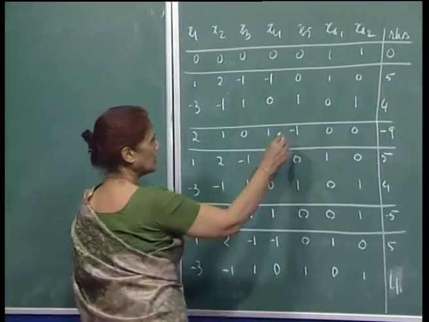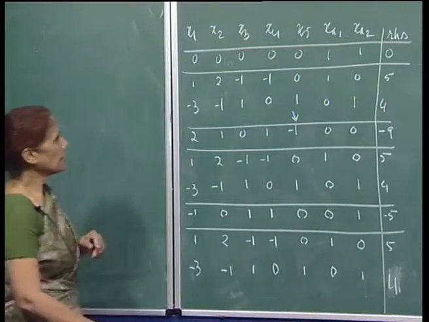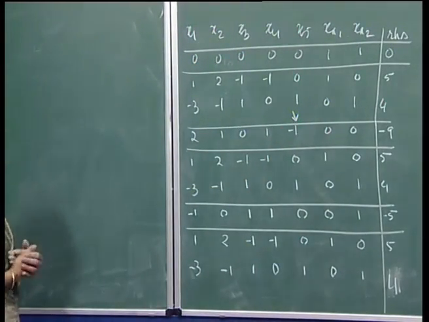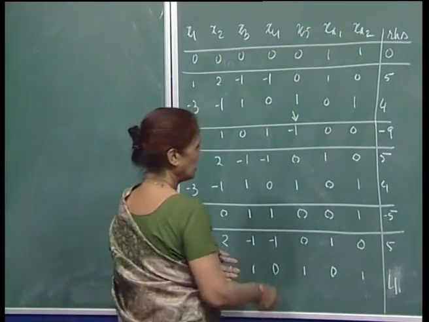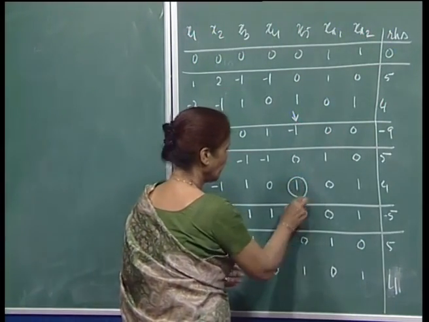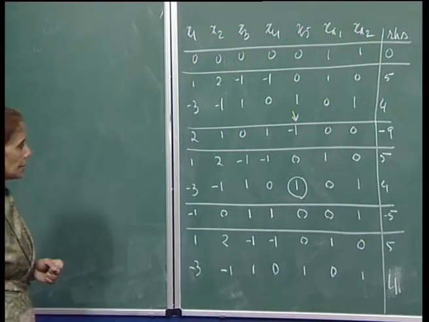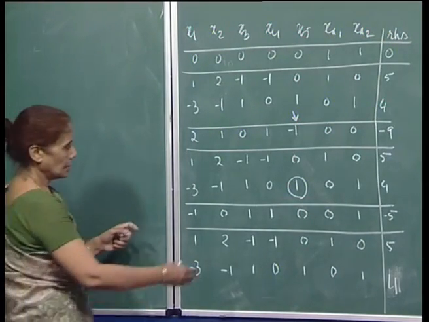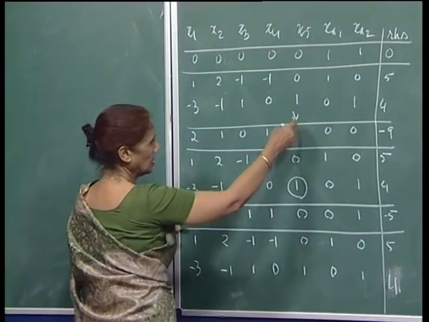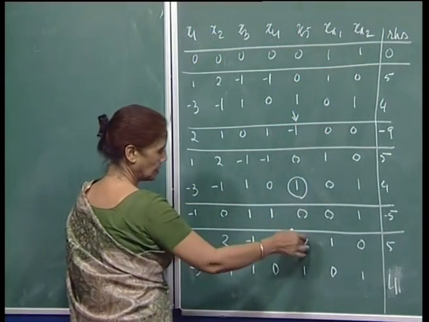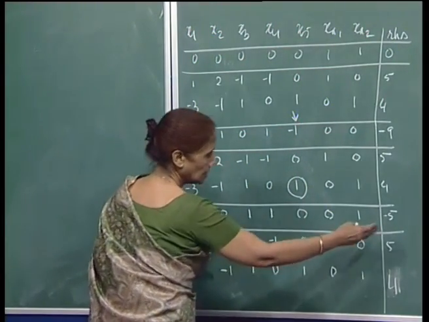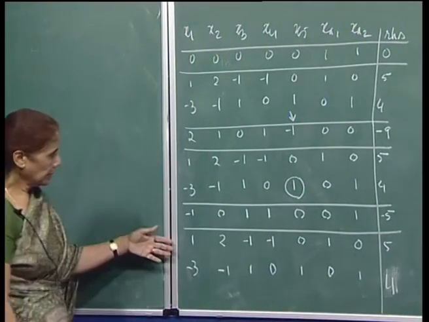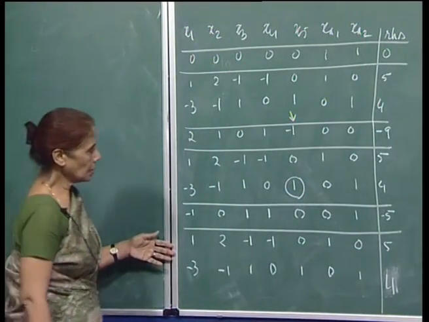And this is the only negative entry here, so we will enter this variable into the basis, and this will be my pivot element, right? So then you see that by making this 0, 0, 1, I do the pivoting. This is what I get as my next basic feasible solution.